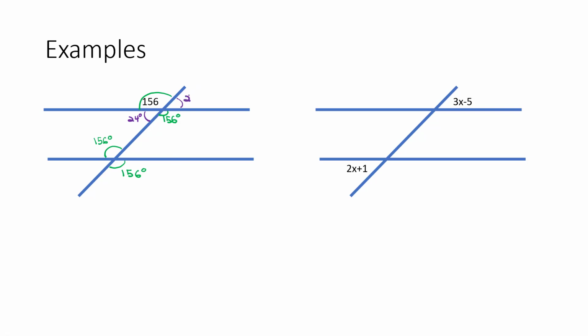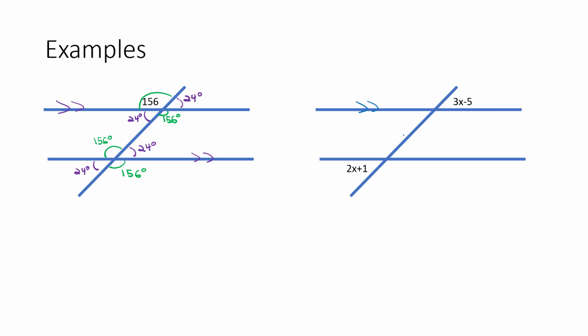The vertical angle across from it is also 24 degrees. The alternate interior angle, the other acute one, is also 24 degrees. And the corresponding acute angle on the outside is also 24 degrees. Once I know one angle when we're dealing with these parallel lines, we know what all the other angles are.